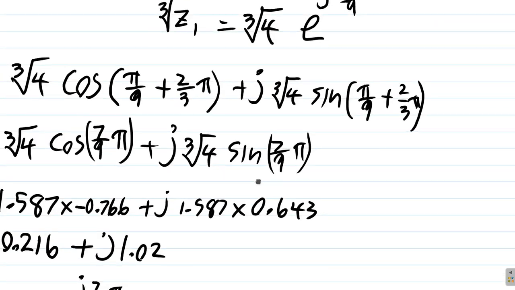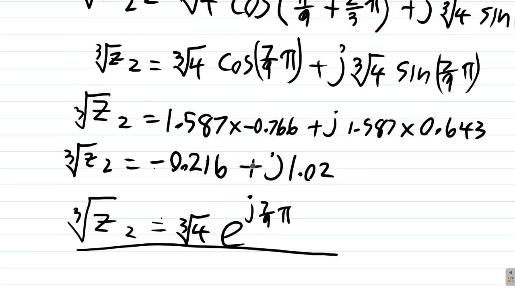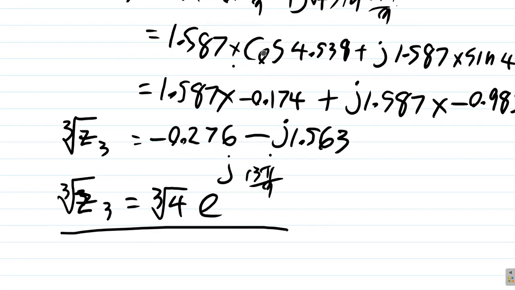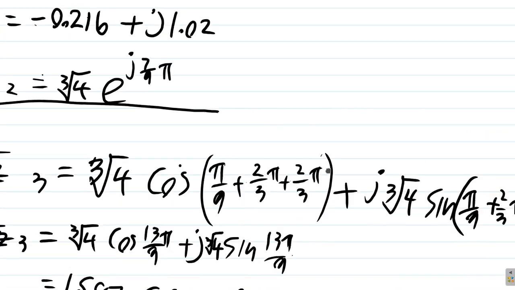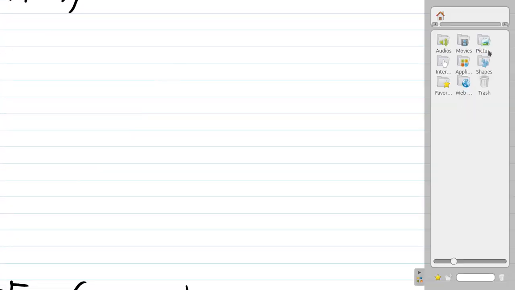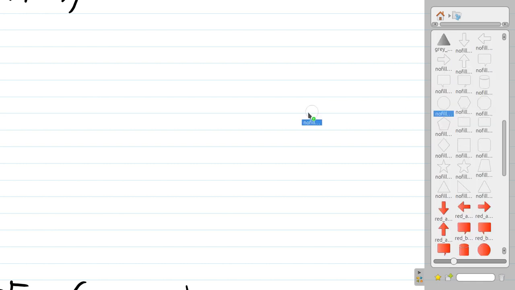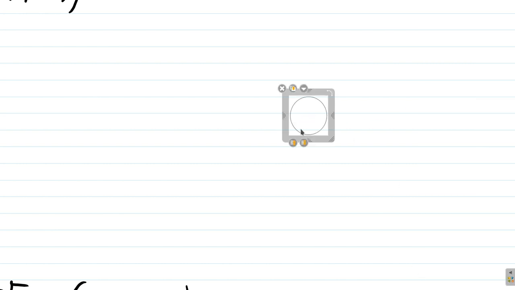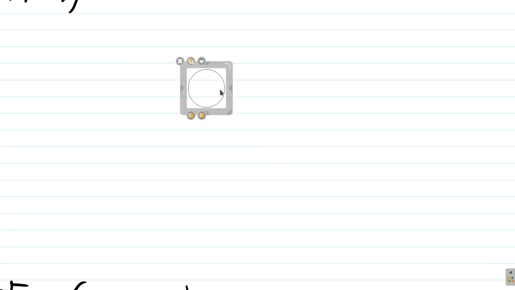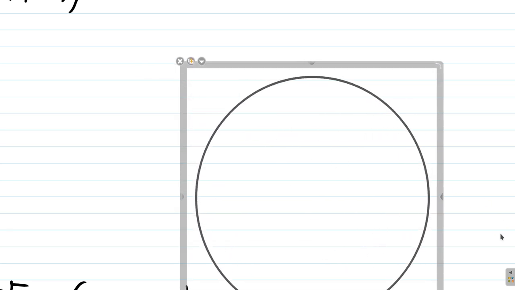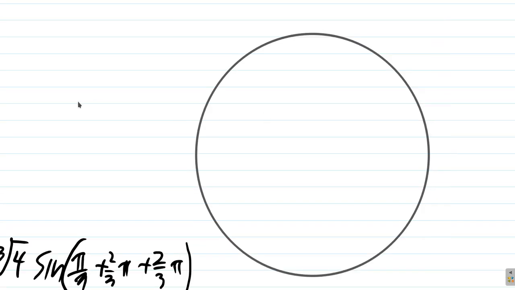And we have the first cube root, second cube root, third cube root. So let's get a proper circle. All right, nice. A nice neat circle here for our Argand diagram.